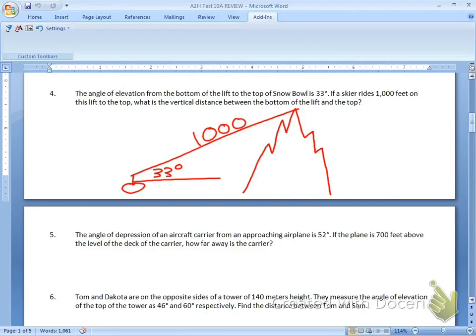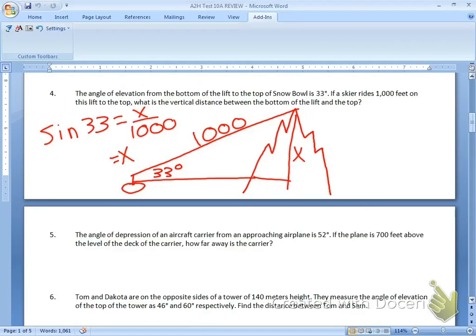We want to find the height, the vertical distance between the bottom of the lift and the top. So it's just going to be a trig function. We're going to set up sine of 33 equals x over 1,000. X is going to equal 544.64 feet. Number 5.